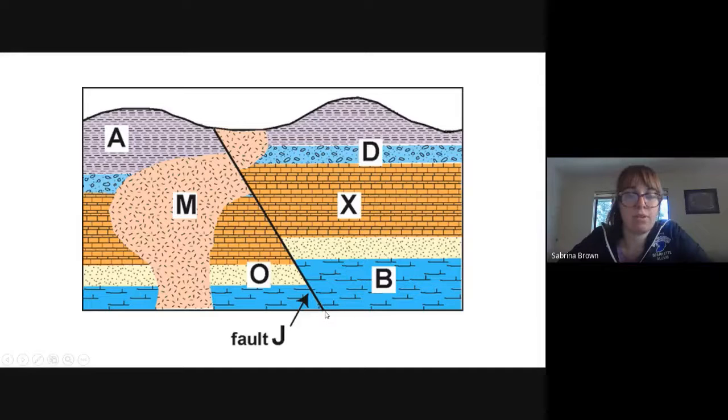After A was deposited, the next thing was M, because it intrudes up into A, but it's cut across by this fault. See how it's offset? That means J is the youngest event. So from oldest to youngest, we have B, O, X, D, A, M, J.